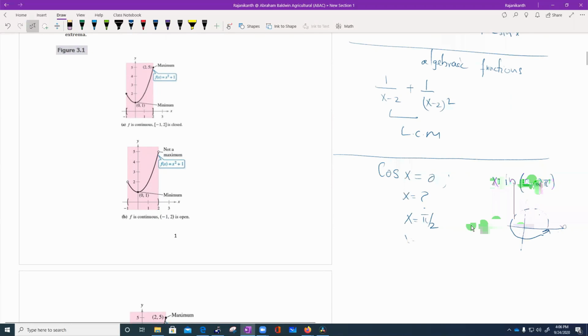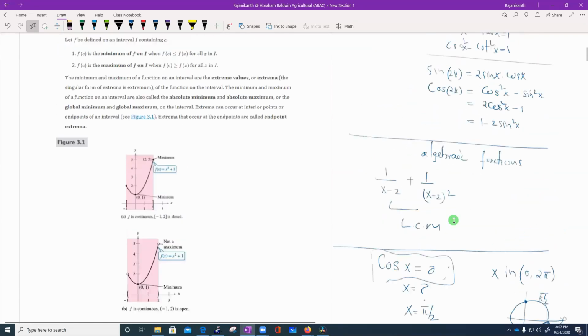Basically, cosine will be 0 at this point and at this point as well, right? So this angle is pi over 2. This angle, you always measure from the 0 axis. Then this angle is 3 pi over 2. So there are only two possible x values for this sort of trigonometry equation.